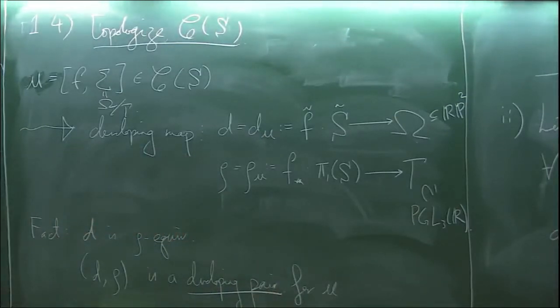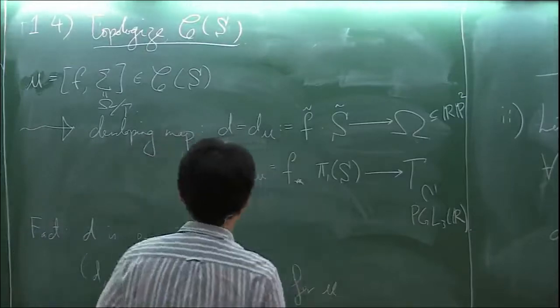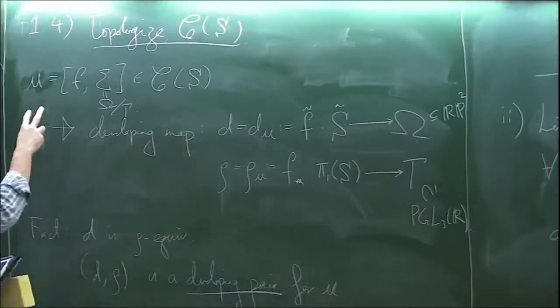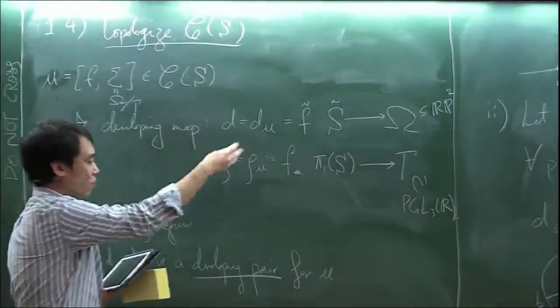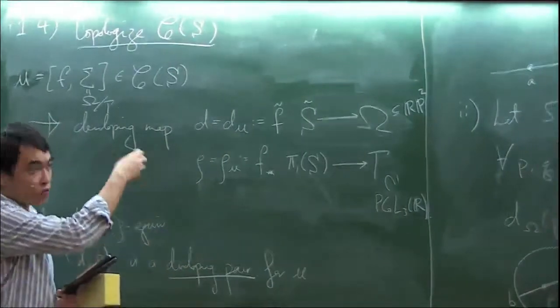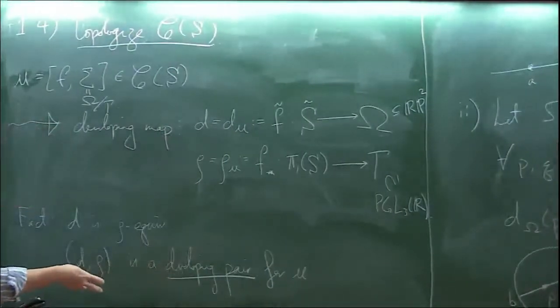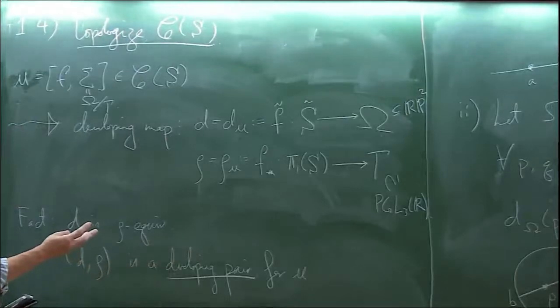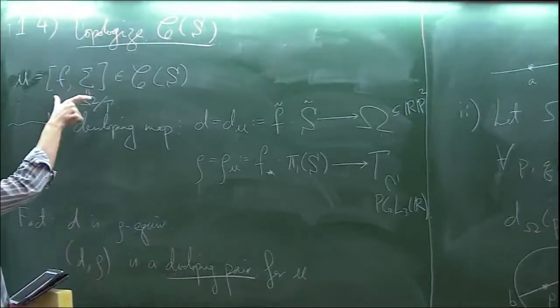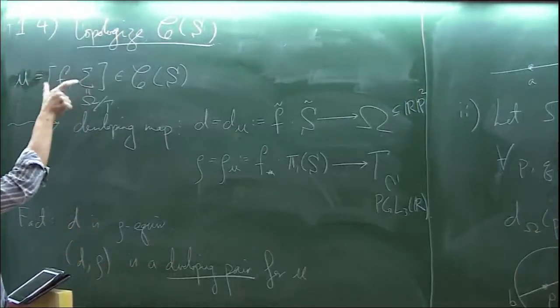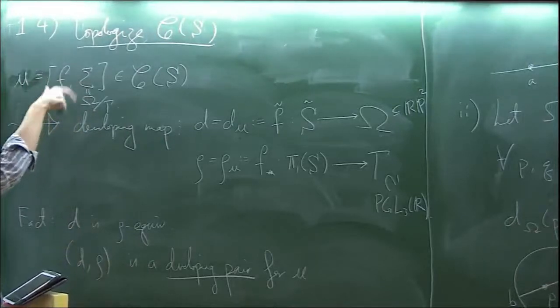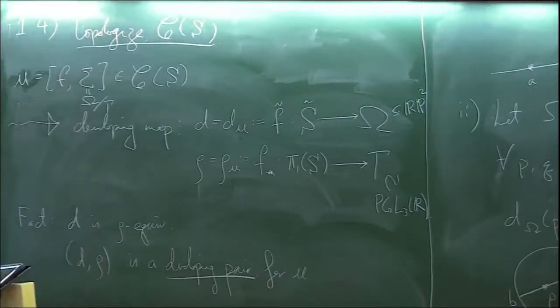So whenever I'm given a convex projective structure, I can produce a developing pair. But note that this developing pair is not unique, because I made a choice of a representative in this equivalence class of pairs.